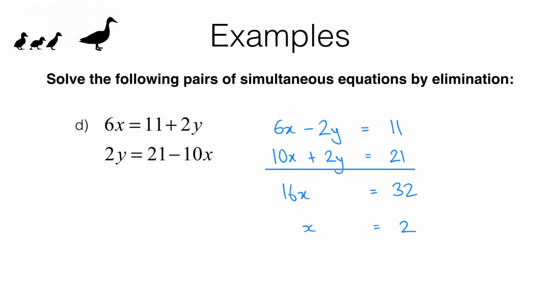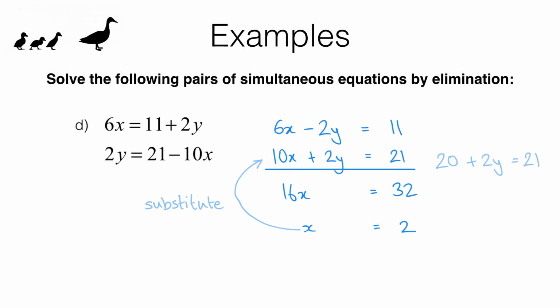Now I'm going to substitute this one into this second equation, and that's going to give me 10x, which is 10 times 2, so that's 20 plus 2y equals 21.